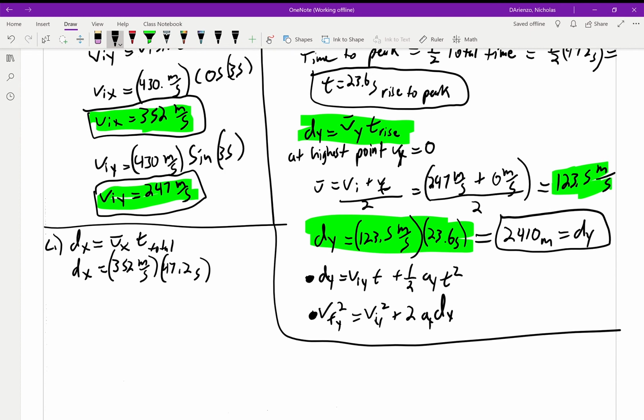This is the distance of our x, or our range. This comes out to 16,614.4 meters, which will round to 16,600 meters. So that would be the range there of our projectile.